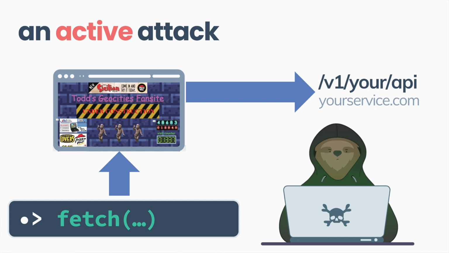So I can essentially session jack your user, and make calls to your API as them and copy the data out. So if I'm trying to attack the CEO of a bank or something like that, and I can use a bit of JavaScript to do that, I can make fetch calls to your API to have them send emails or gather financial records or whatever their session would have authorized them to do.